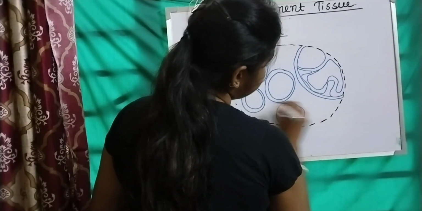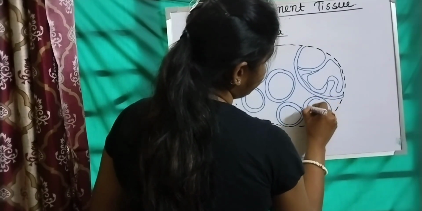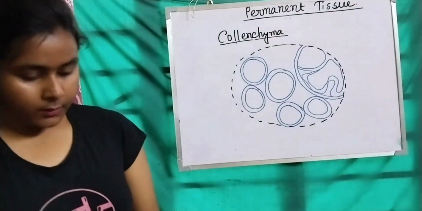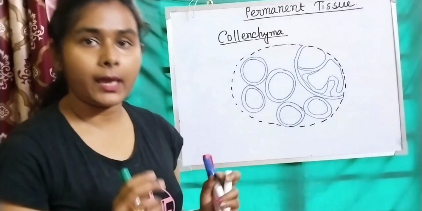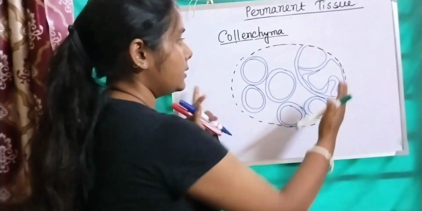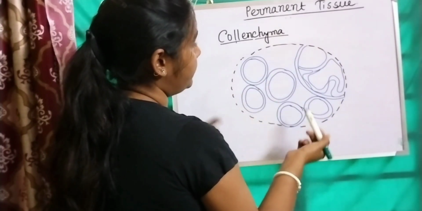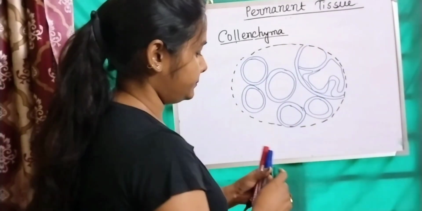Mostly the structure of the cells is spherical. Okay. So this is the structure of a collenchyma tissue. One collenchyma tissue contains many cells. Here it is a group of cells.